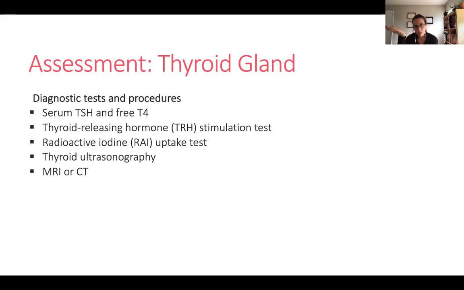That is typically used to detect cancer in the thyroid, because the accumulation of iodine in the thyroid gland would be higher if they have thyroid cancer. And then ultrasound will detect any nodules in the thyroid. MRI and CT will detect if there's any metastatic disease in the thyroid.